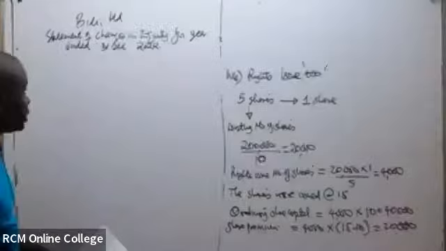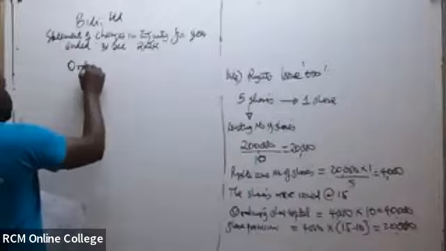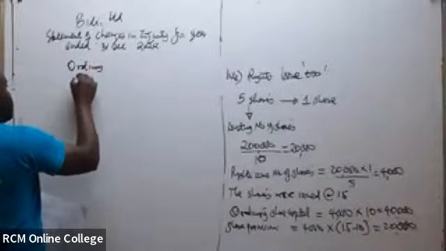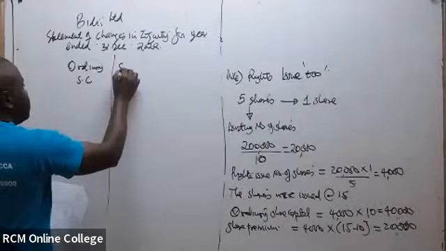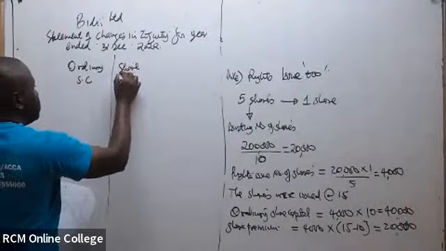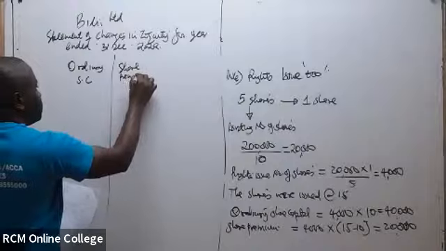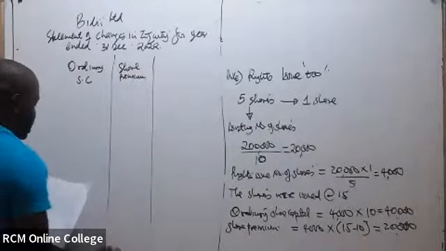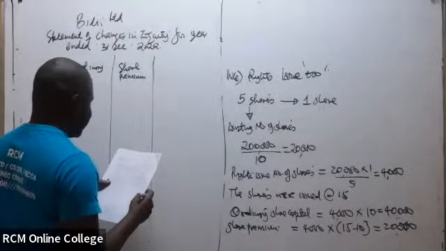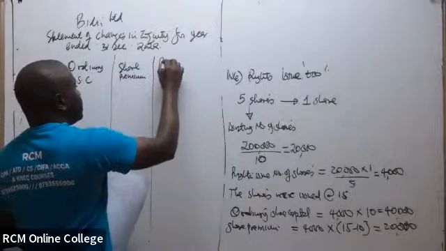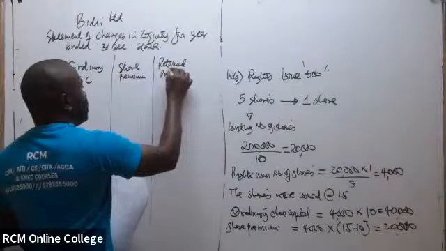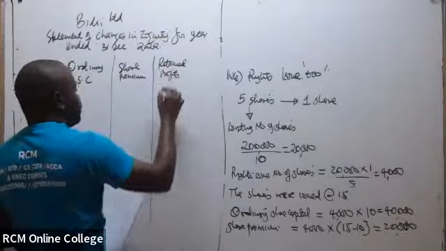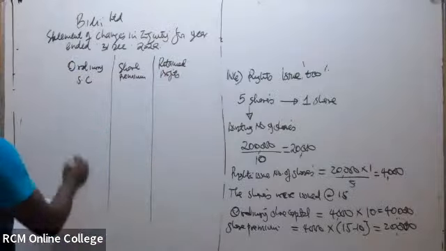In this case, we have ordinary share capital. We have share premium. And we have retained profits.